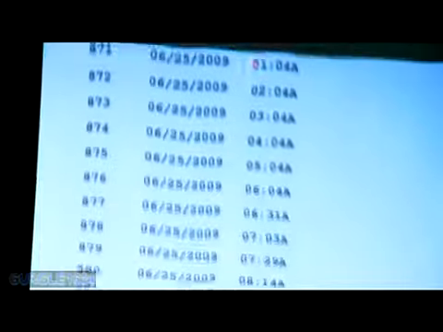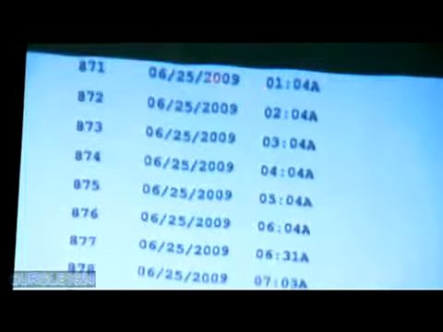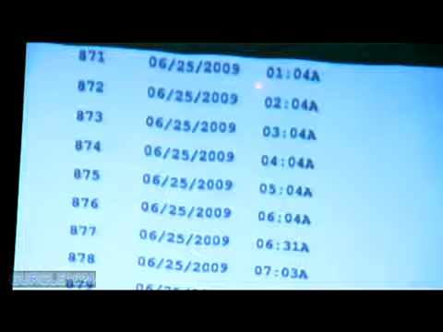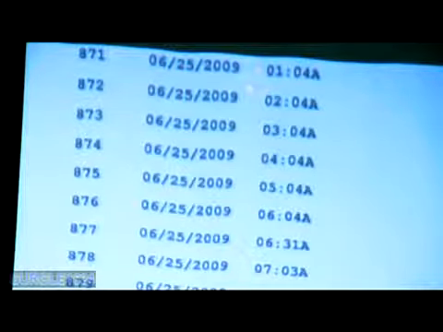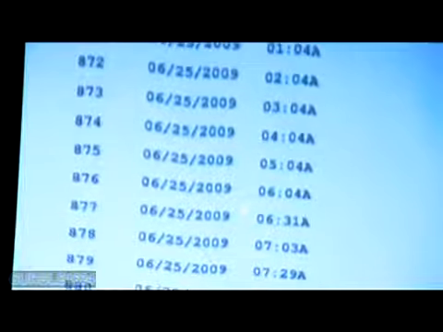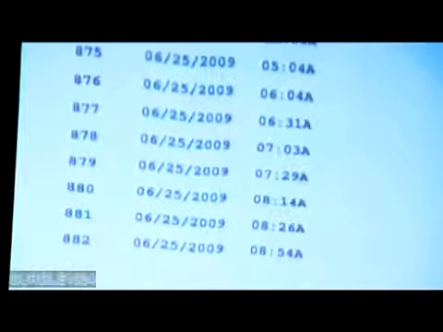This would be the times, correct? Yes. So on June 25th, the first data entry time would be 1:04 a.m., and all of these subsequent numbers are times 1:04, 2:04, 3:04, 4:04, 5:04, etc. They reflect data on the phone, correct?